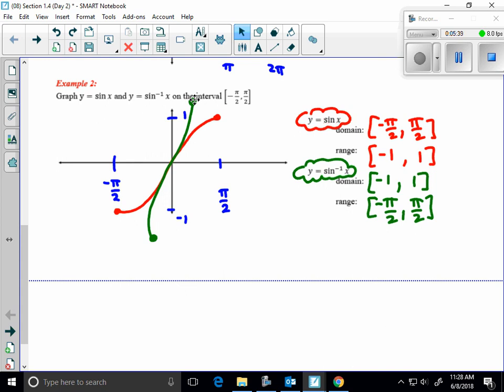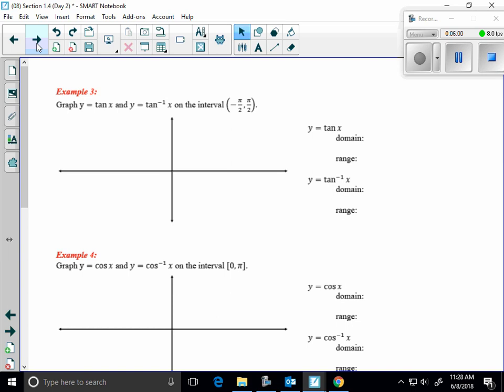Okay, it's not perfect, but what we get is this reflection over the line y equals x. Let's use purple for that. There's your line y equals x, and we get this thing called inverse sine of x. All right, let's move on.